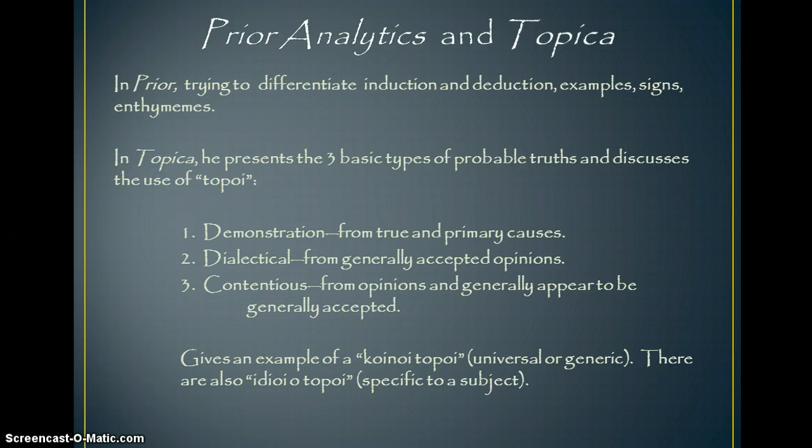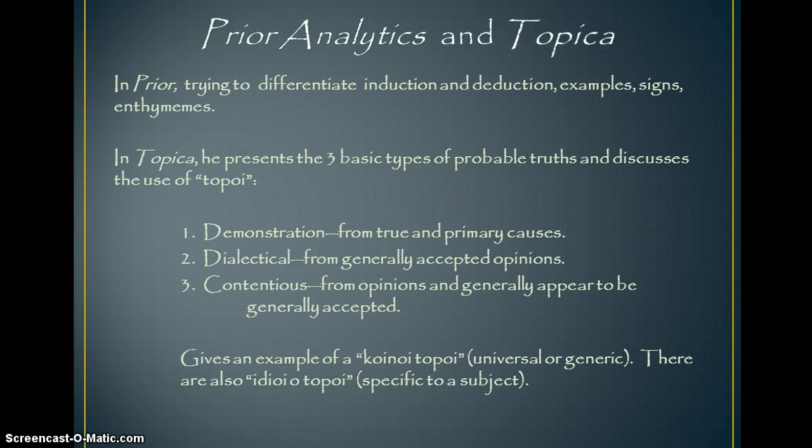So think of it as kind of a scale of certainty here, right? Now they're all probable, but even within probable truths, there are those that are more likely to be universally accepted and less likely to be universally accepted. So he just kind of categorizes three different shoe boxes here. Demonstration, boy, you'll get an audience to shake their head up and down real quickly, and those are universally agreed to.